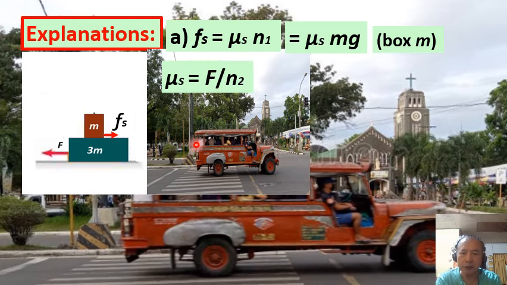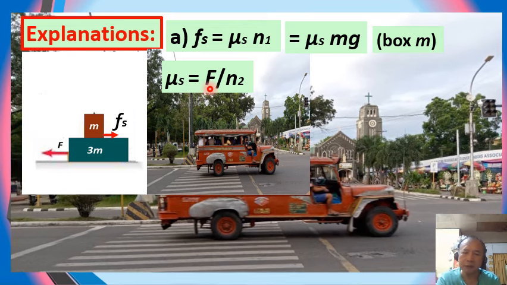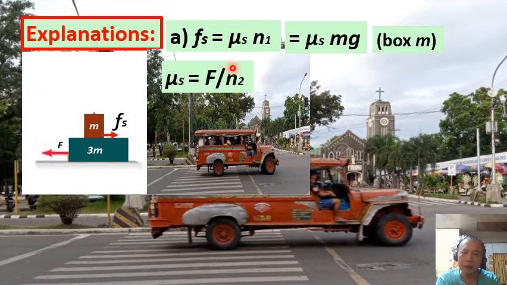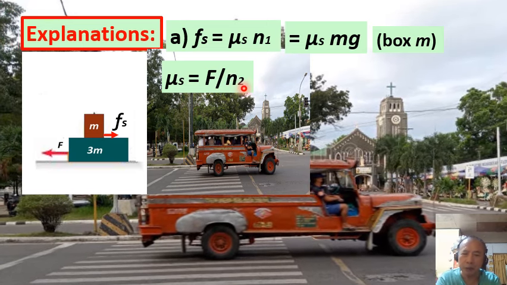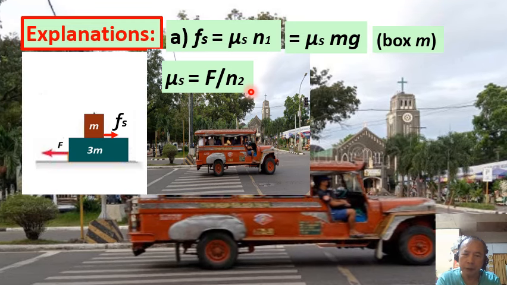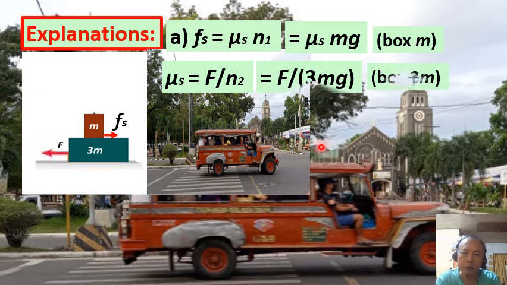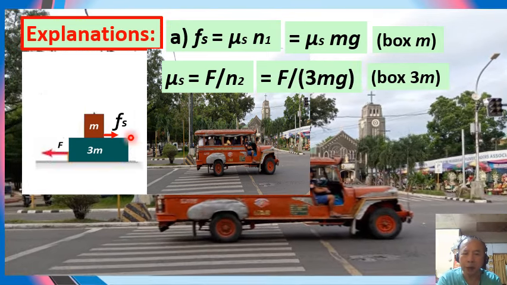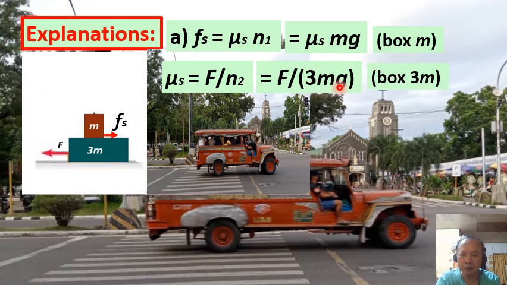That is, mu sub S is also equal to the force F applied to the bigger mass, divided by the normal reaction force N sub 2, where N sub 2 is equal to the weight of the larger box, which is 3mg.